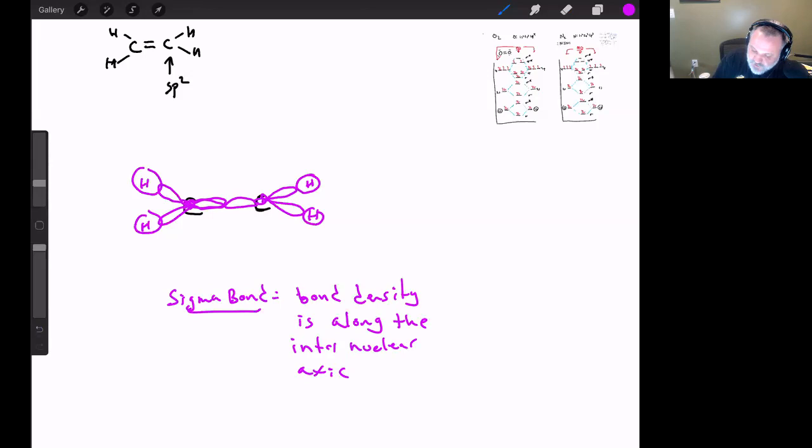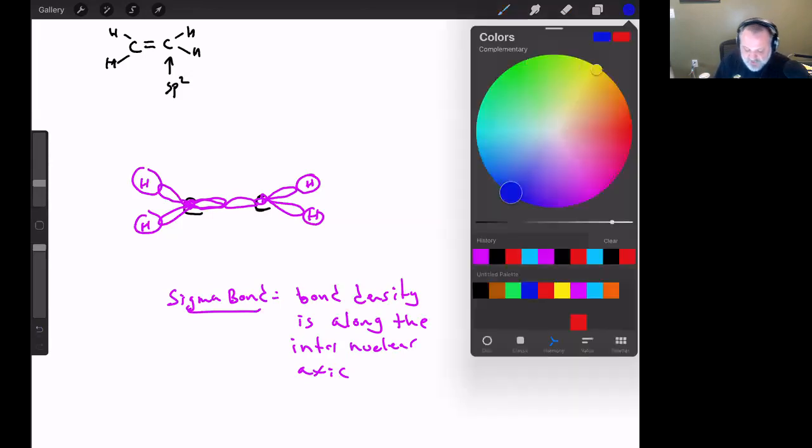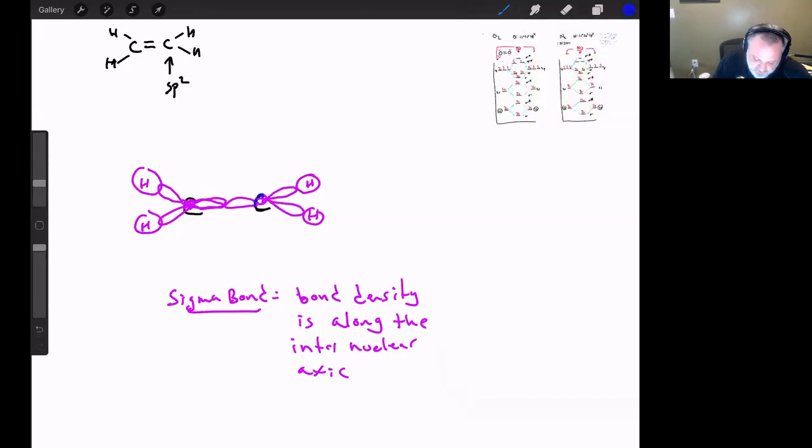If I take my pen and show you what I mean by the internuclear axis, here's one nucleus, here's another nucleus. If I draw an axis in between, that's the internuclear axis. If I do the same thing with hydrogen, that's the internuclear axis there, and there, and there. And so what you find is that those are all sigma bonds.